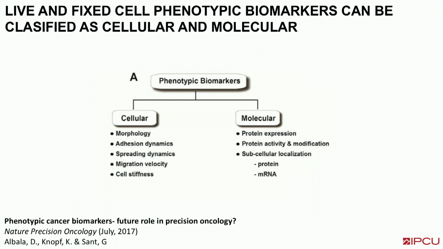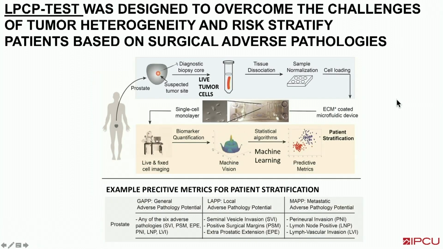On the molecular side, we can look at protein expression, subcellular protein localization, and so on. And we can look at a panel of markers or a platform, much like Larry alluded to earlier, of 600 markers to really try to understand how this tumor is behaving and reacting in the environment that exists.